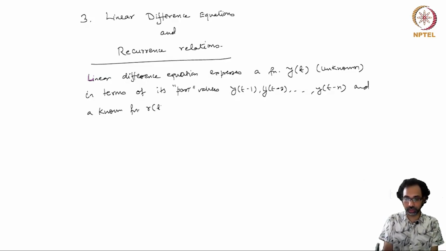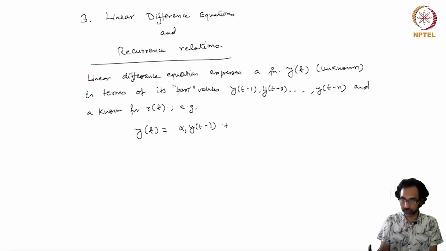let's call it r(t). So for example, we can have y(t) equal to alpha 1 y(t-1) plus alpha 2 y(t-2) plus ... alpha n y(t-n) plus r(t).